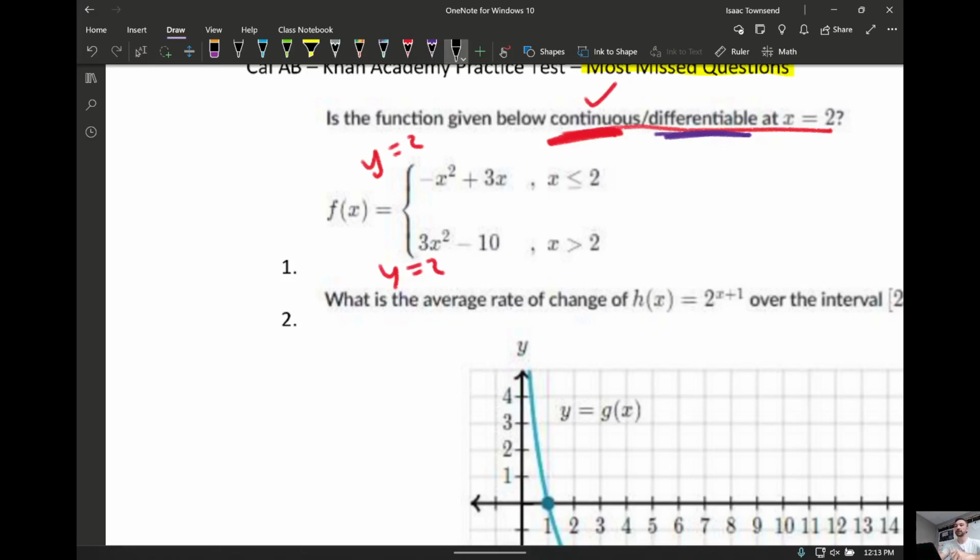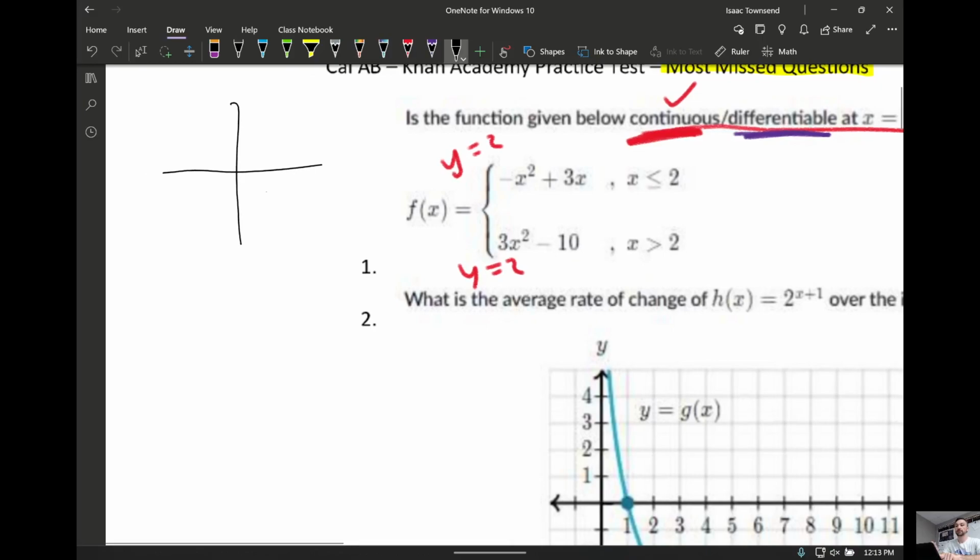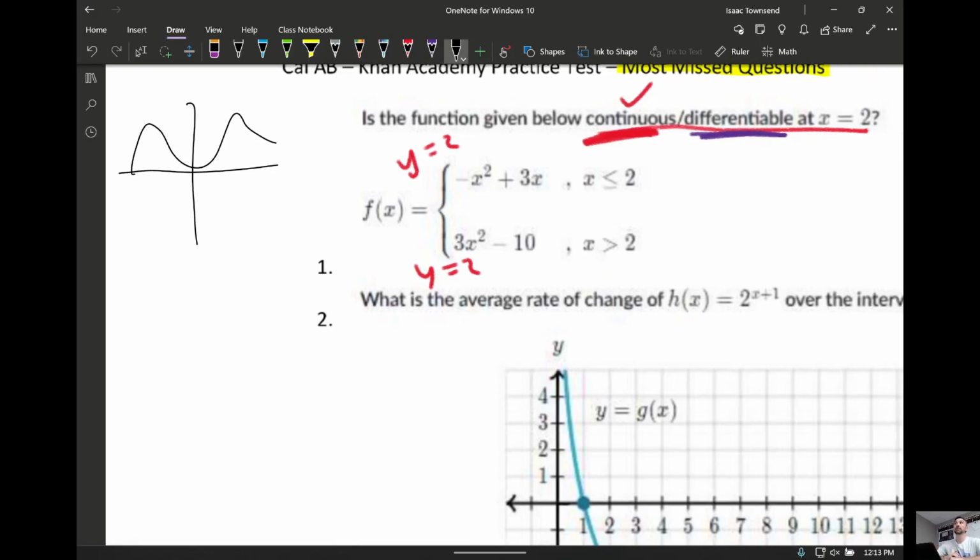If I had some kind of line, how do I know if I can take the derivative at all those places? If it's continuous. Okay, it does have to be continuous, but just because it's continuous doesn't mean it's differentiable.